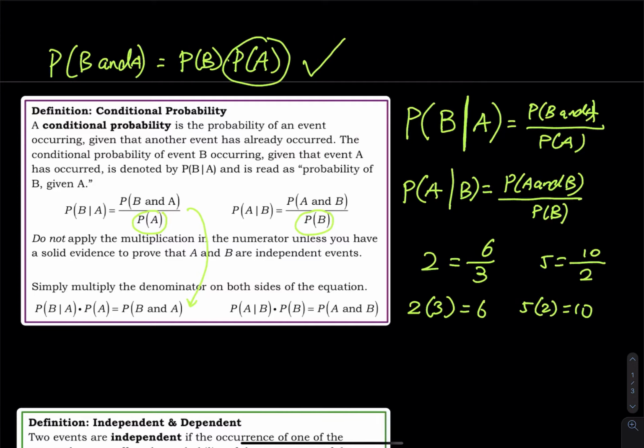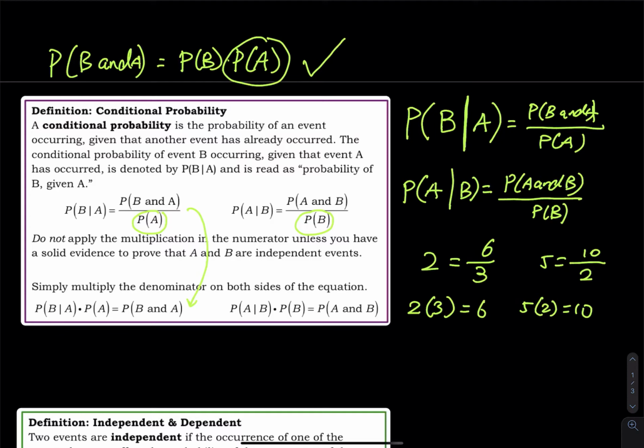Without this evidence, B and A is just B and A. If you are not able to show that they are independent, then A and B remains as A and B. There is no way to rewrite it as a product if you do not have evidence to show that they are independent.